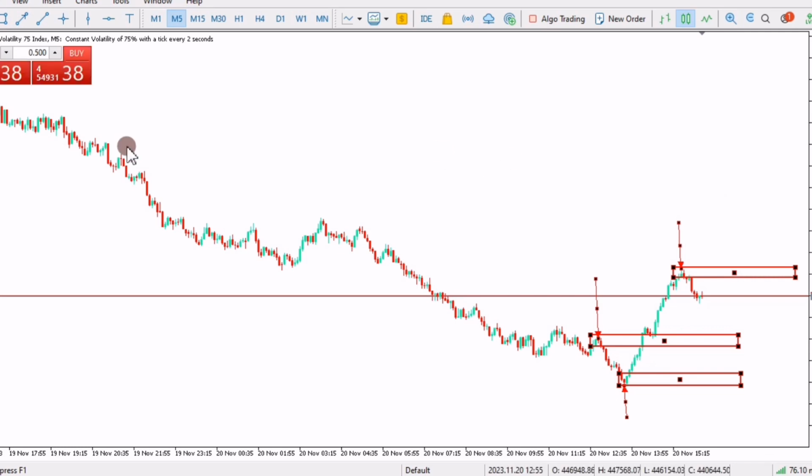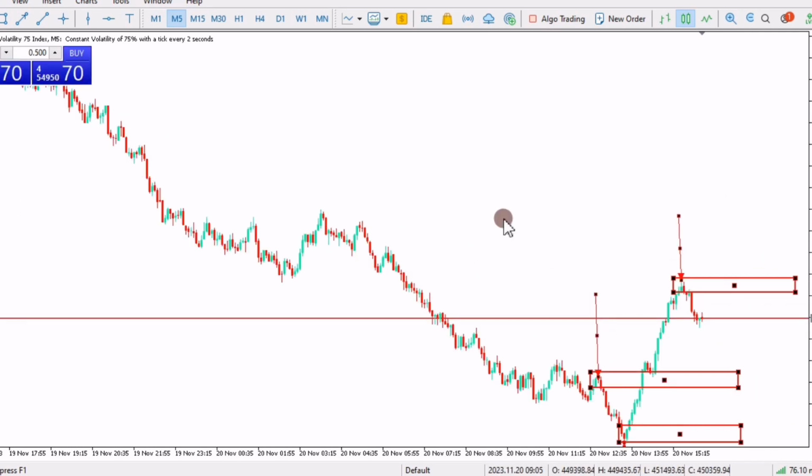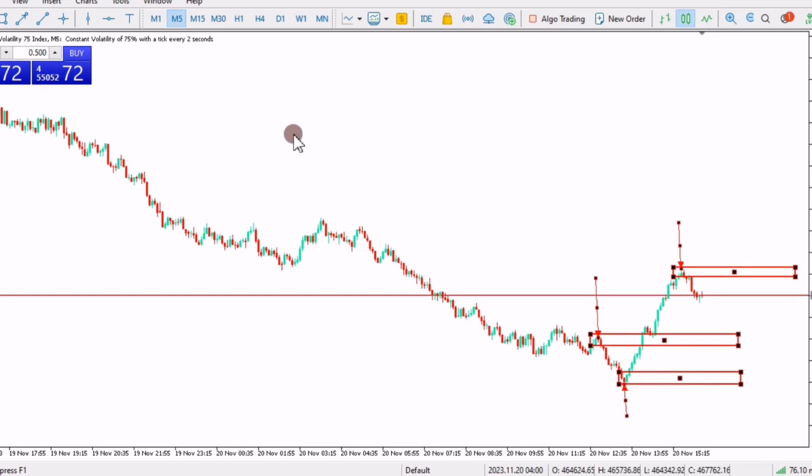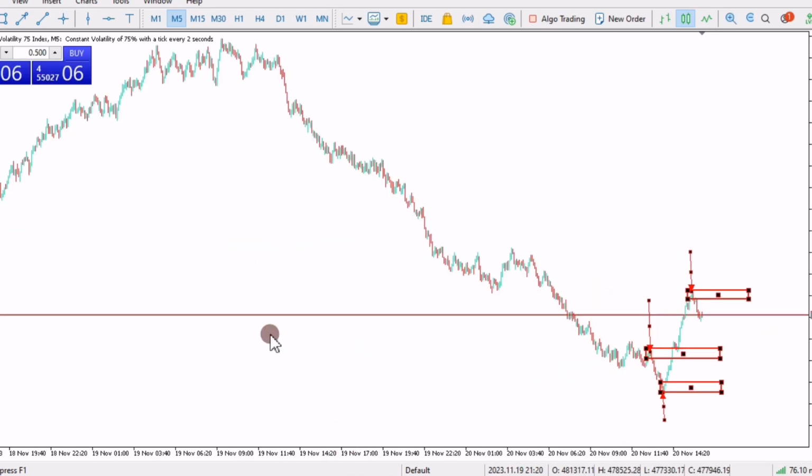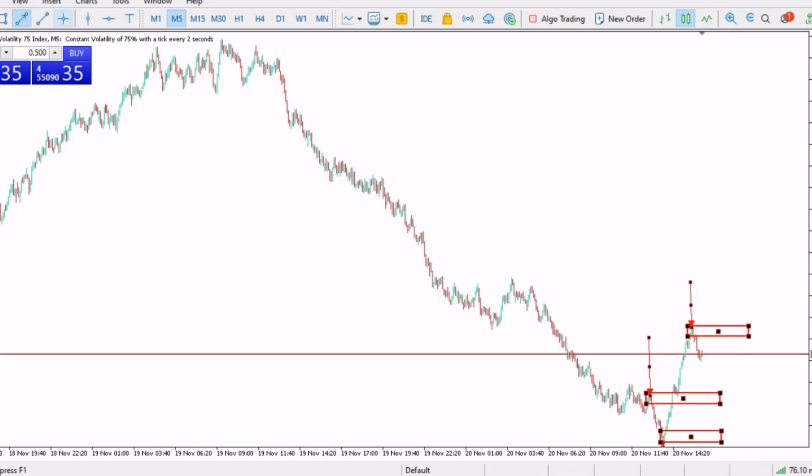Once you take a buy trade, maybe I can talk about the stops and TPs in some other video, but it's easy. You just look at the previous turning points which price made. You have that one, and then you also have that one and that one also.